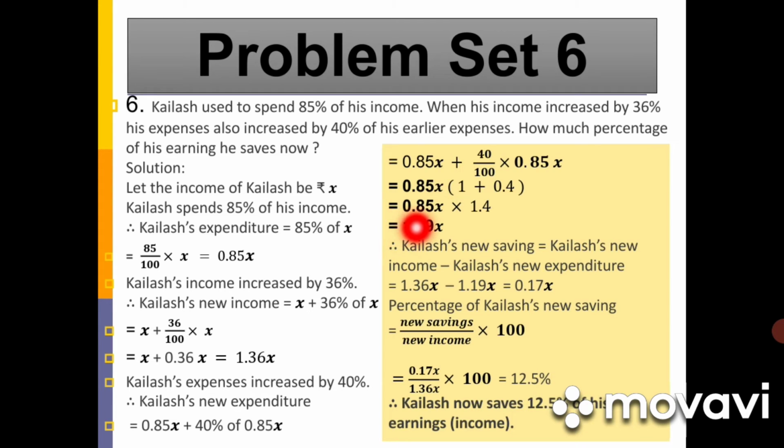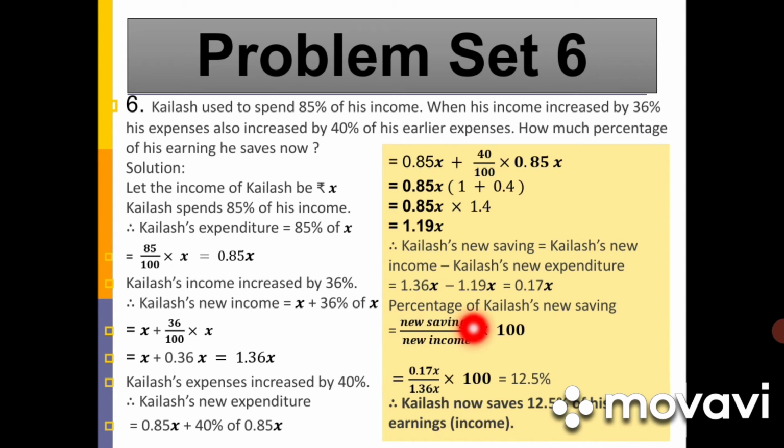This is equal to 0.85X into 1.4, which is equal to 1.19X. Therefore, Kailash's new savings is equal to Kailash's new income minus Kailash's new expenditure, which is equal to 1.36X minus 1.19X, which is equal to 0.17X.